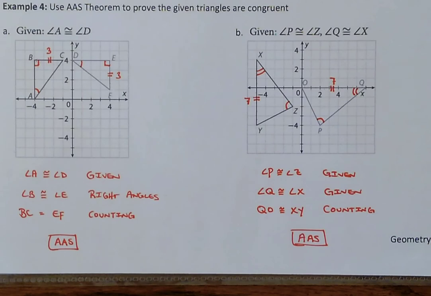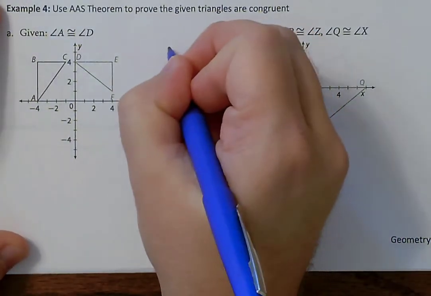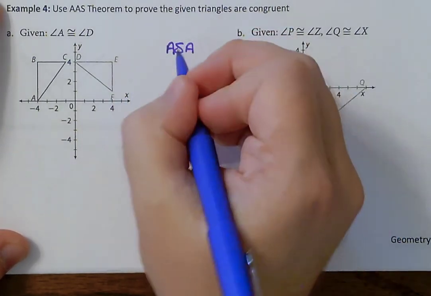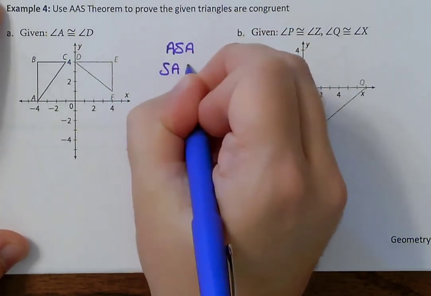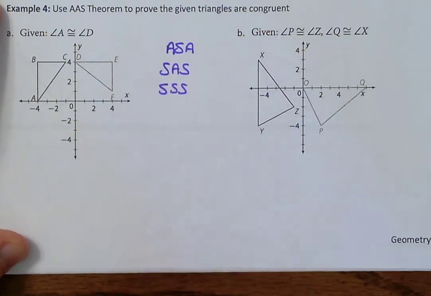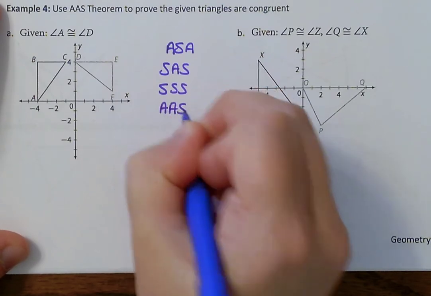All right, so that is it for section 6.2, dealing with angle, angle, side. So we have now successfully talked about angle, side, side, angle, side, angle, and angle, angle, side.